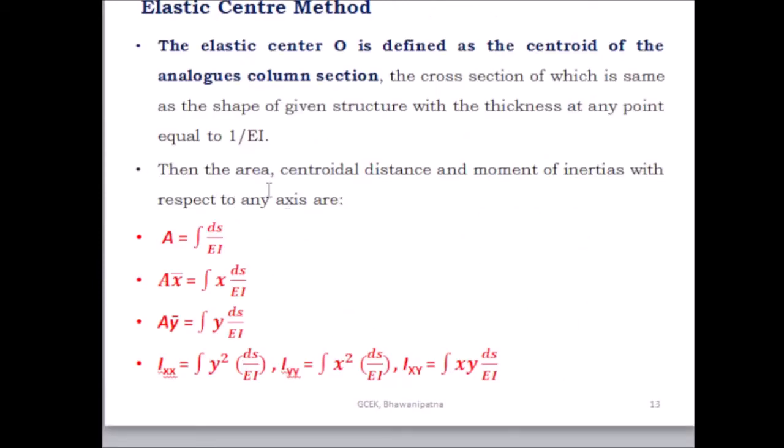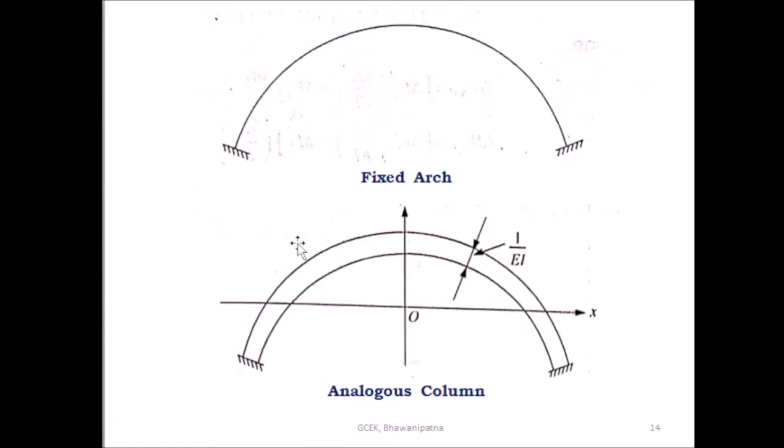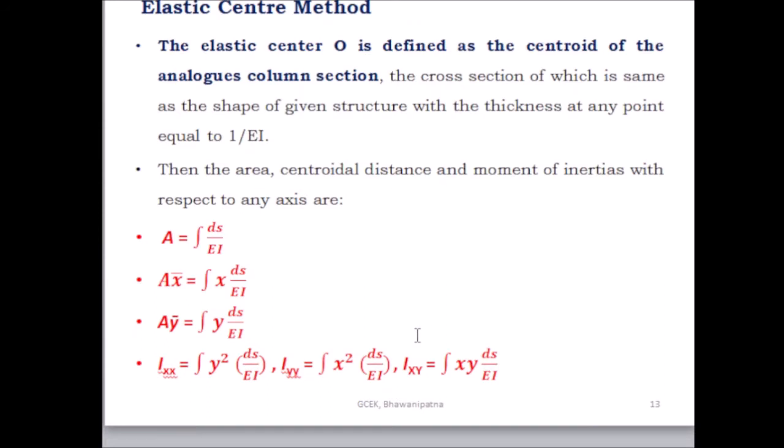Then what is the area, the centroidal distance and the moment of inertia with respect to any axis. Here this is the x-axis, this is the y-axis of the analogous column section, and this is the centroid. With respect to these axes, the area is equal to integration ds by EI, x bar is equal to integration x ds by EI, and y bar is equal to integration y ds by EI.